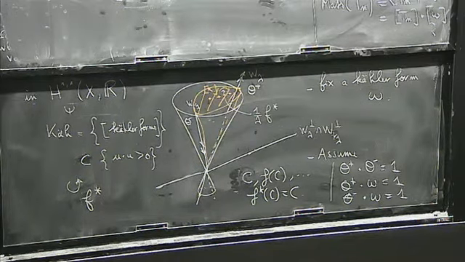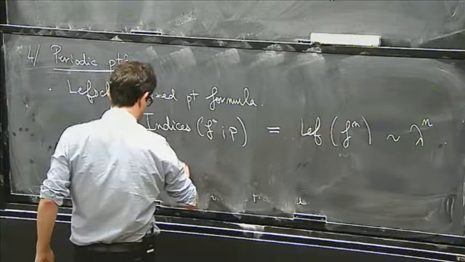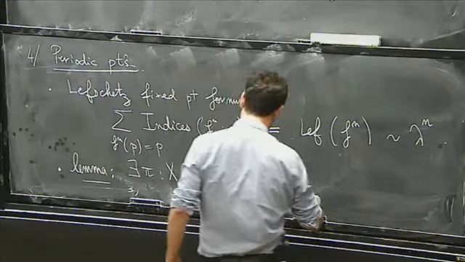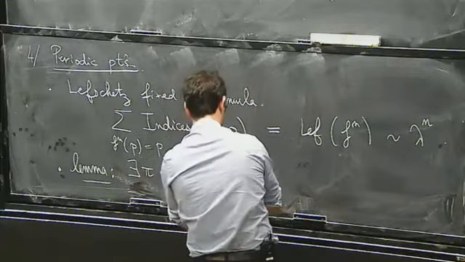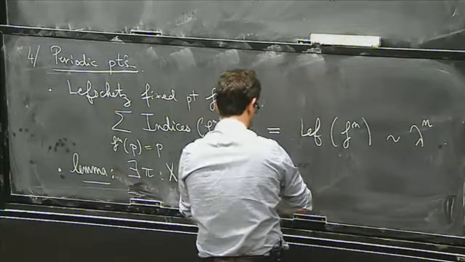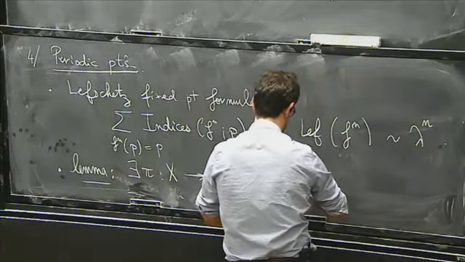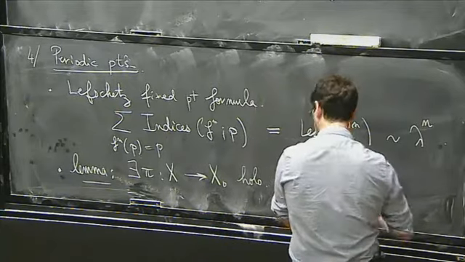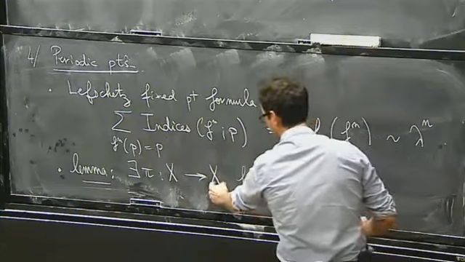There exists a holomorphic birational map pi from X to X naught. This one can be singular.